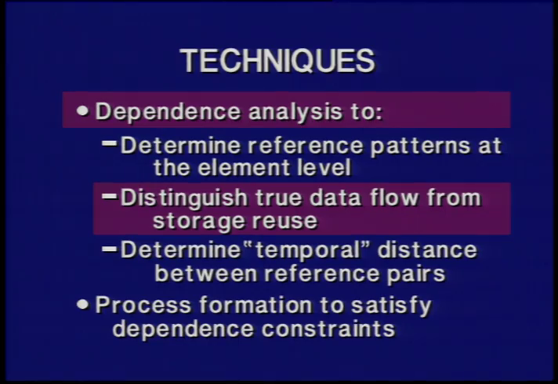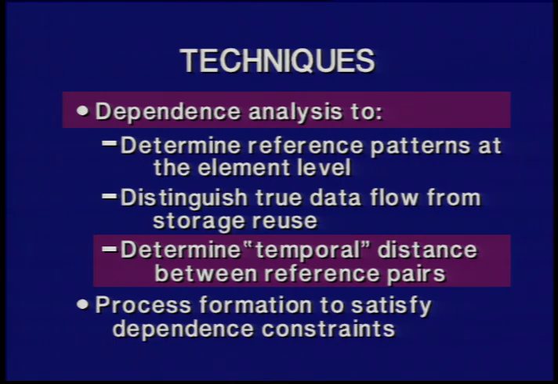And one of the things we need to be able to do is find out when there is a relationship at that element level, to distinguish the true data flow, where the true flow of values goes through the program, from storage reuse. In a language like FORTRAN, we're reusing storage all of the time. And what we also want to know is the temporal distance between different reference relationships.